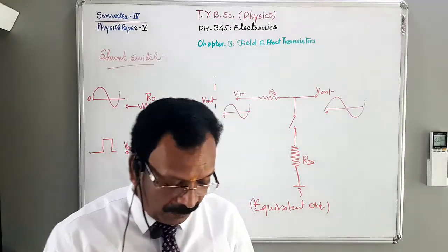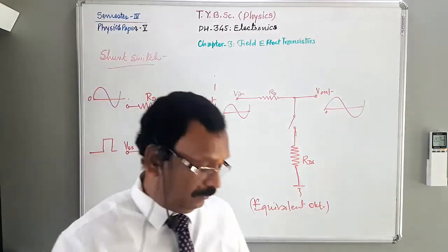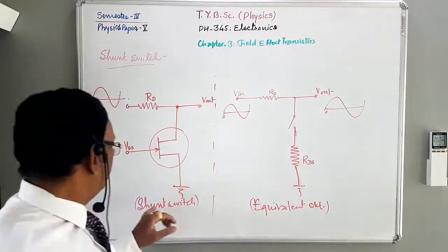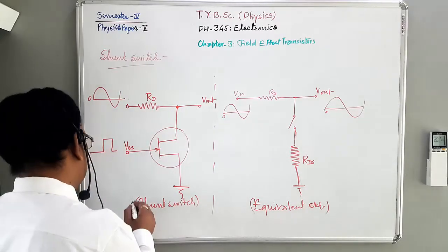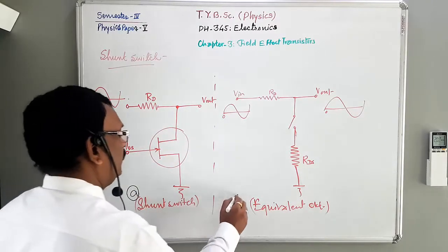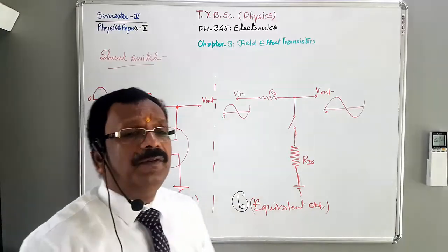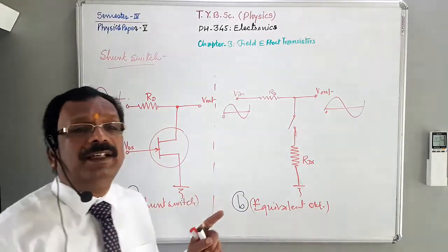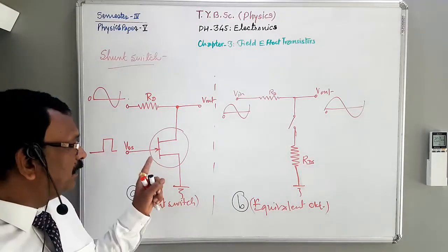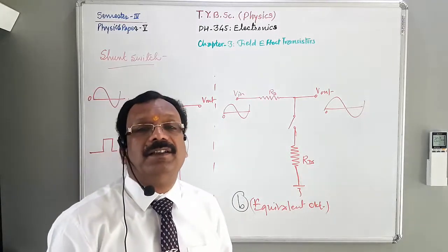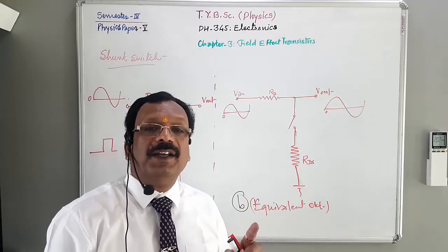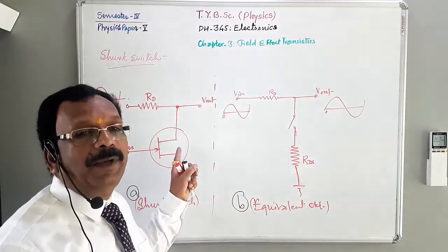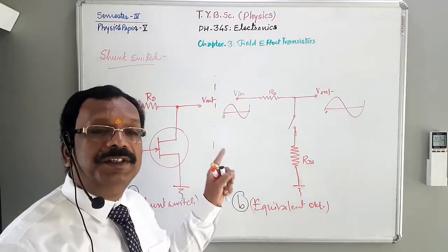Now we are going to see the action of this switch. Suppose this is figure A and this is figure B. Figure A shows the circuit diagram of a shunt switch using JFET. The JFET will either conduct or cut off depending upon the value of VGS.